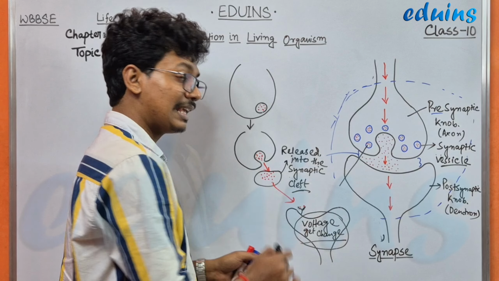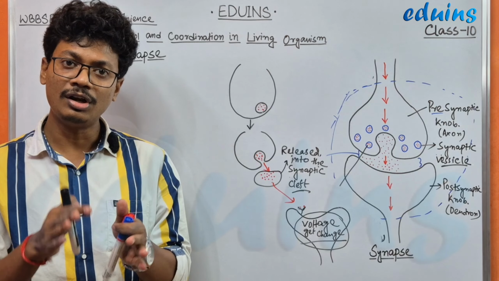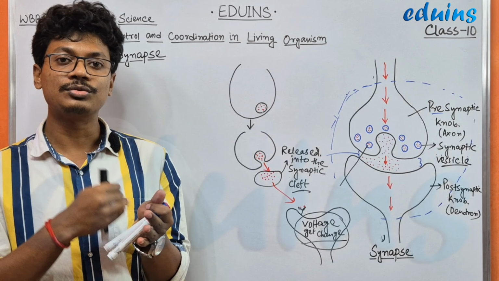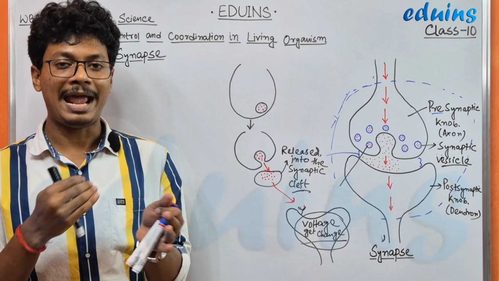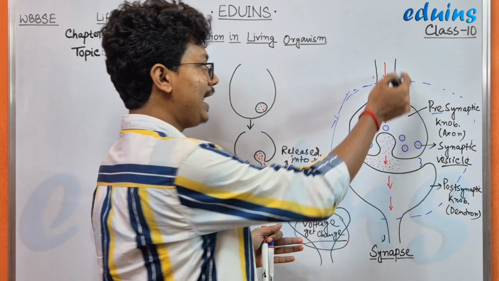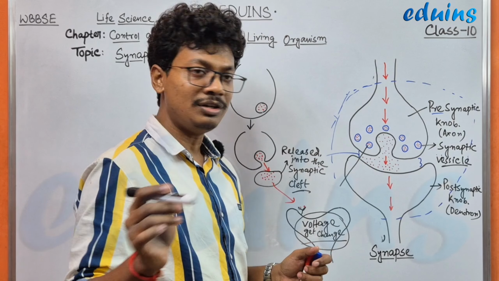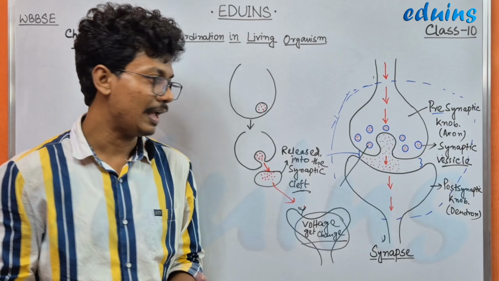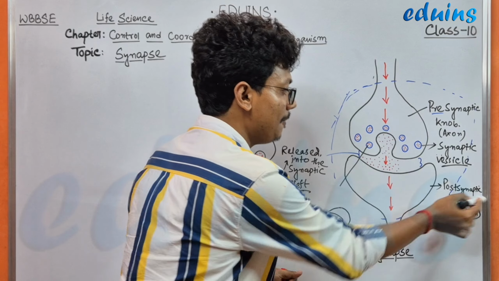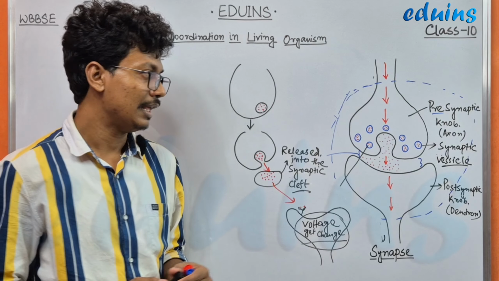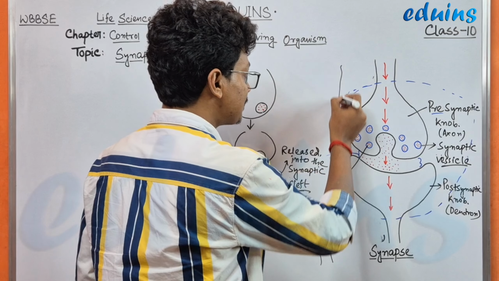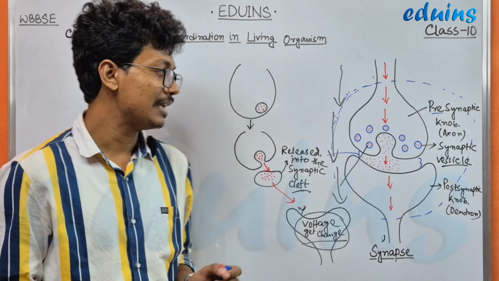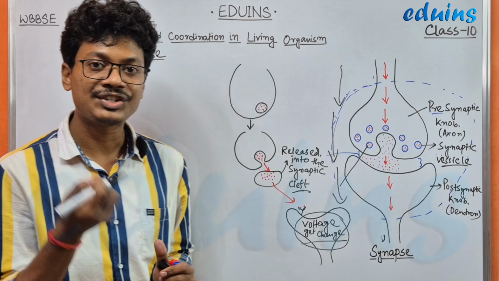This voltage is transmitted throughout the neuron and reaches the cell body, then the axon, and next the axon ending. When it reaches the axon ending, it acts like the presynaptic nerve, and the next neuron acts as a postsynaptic nerve. That's how the impulse is transmitted neuron by neuron, and this happens in a fraction of a second.